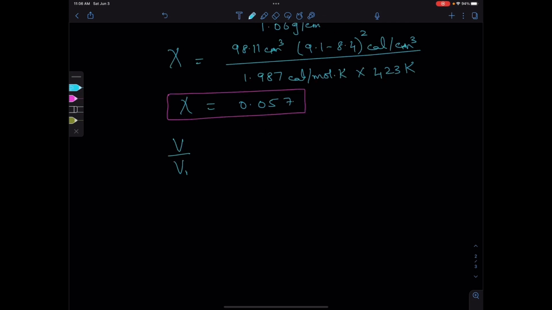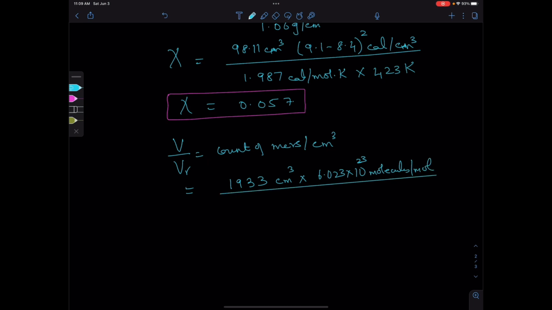V over Vr: V is the total volume, which is 1933 centimeter cube, times 6.023 times 10 to the 23 molecules per mole, over the molar mass. We can take the average of molar mass of polystyrene and polybutadiene, which would be 104 plus 56, 160 over 2, which is 80. So 80 grams per mole.